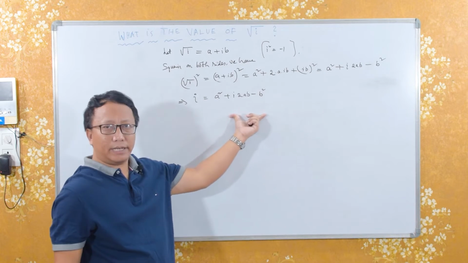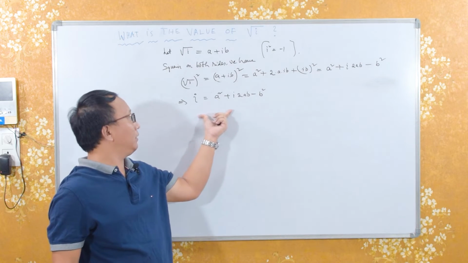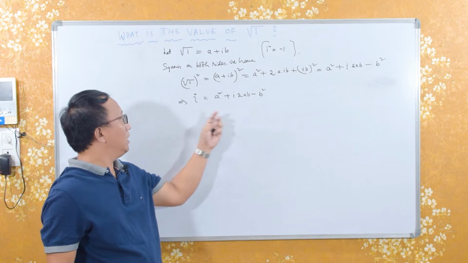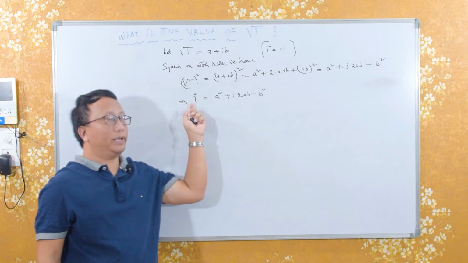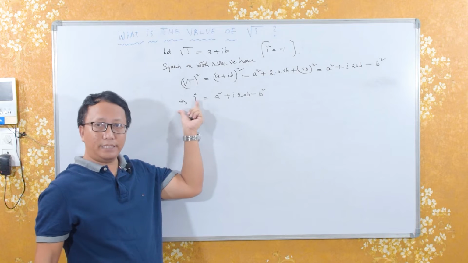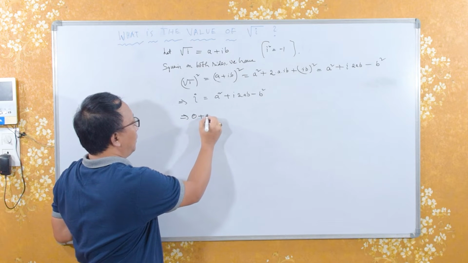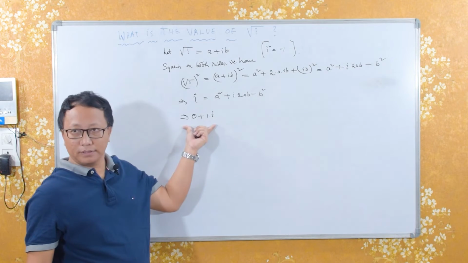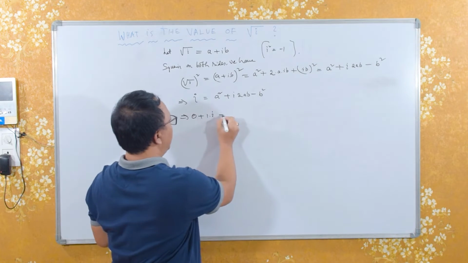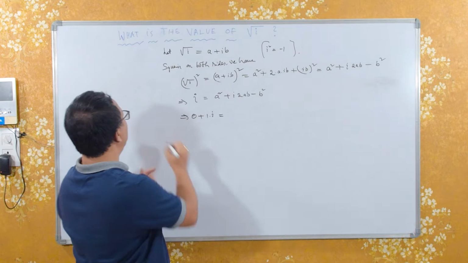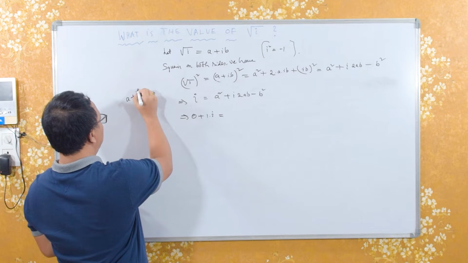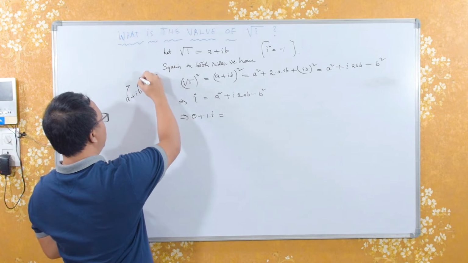Now in this equation, let's compare the real and imaginary parts. On the left hand side we have only i. i can be written as 0 + 1·i. It is of the form of a complex number. Any complex number is of the form a + ib, so this is the real part and this is the imaginary part.